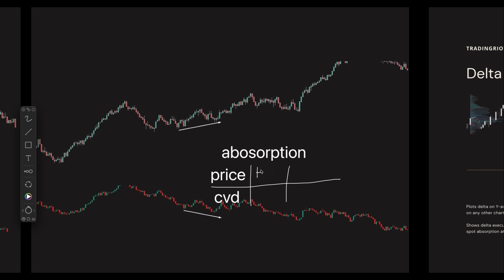The price makes a lower high, the CVD makes a higher high. This means that buyers are getting absorbed. The price makes a higher low, and the CVD makes a lower low. So the sellers are getting absorbed here basically.